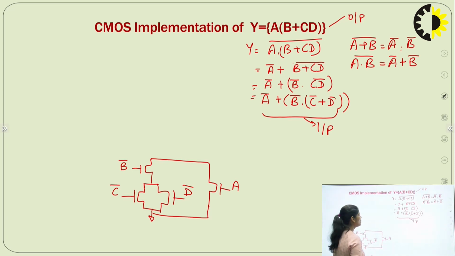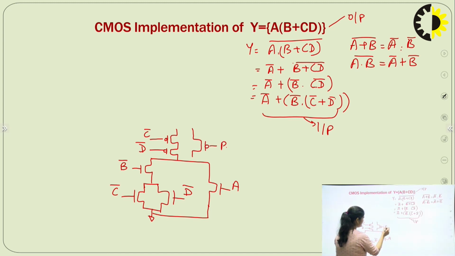So this is your pull down network, or you can say NMOS network. Now we have to draw the PMOS. For the PMOS, here C bar and D bar were in parallel, so C bar and D bar are in series. C bar and D bar are in series, and B bar, which was connected in series in the case of NMOS, is now in parallel with this circuit.